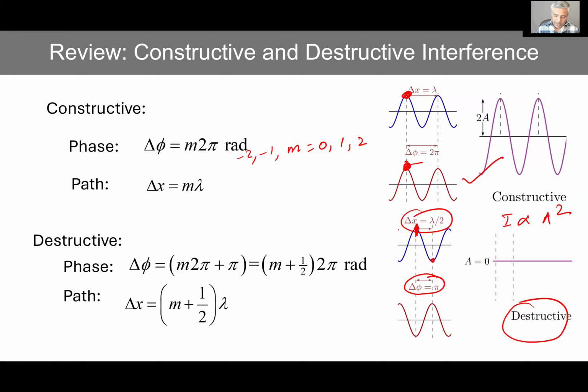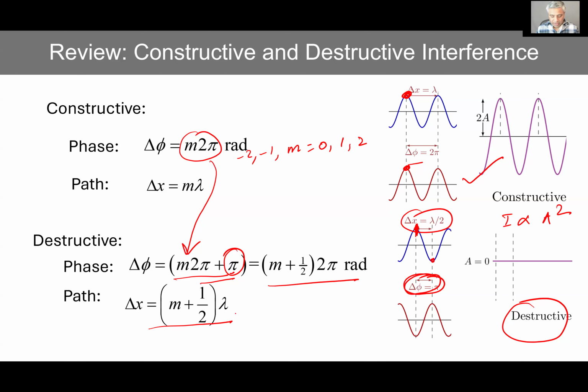So we can write that constructive was this, and you shift that by half a cycle. Phase equivalent to half a cycle is pi. When you do that, you get the destructive interference conditions.